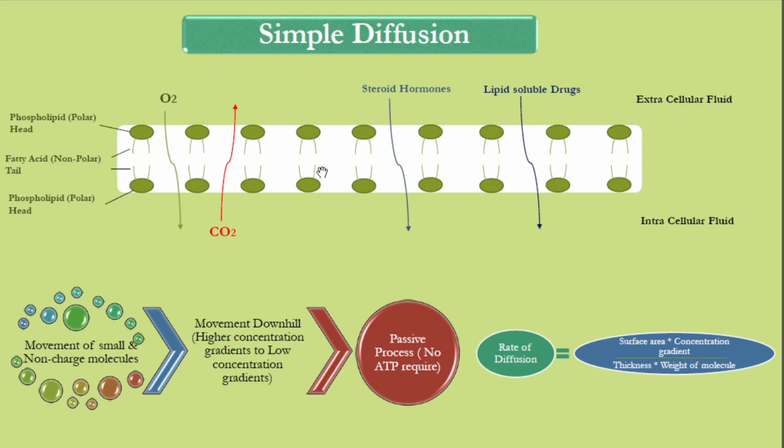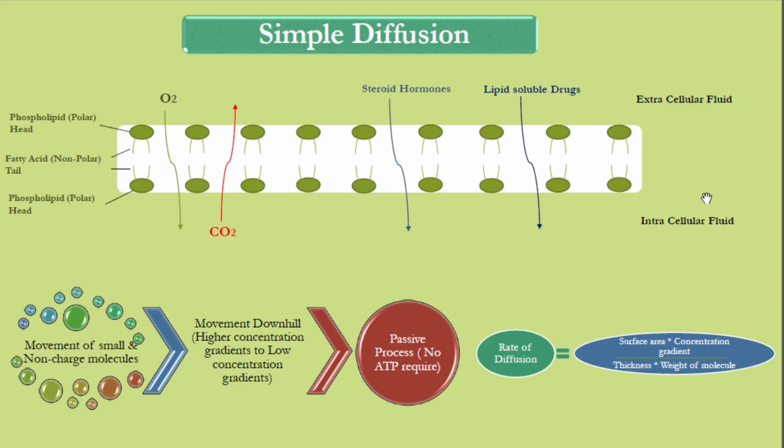Examples of molecules that get transported by this diffusion are respiratory gases like oxygen or carbon dioxide, certain hormones like steroid hormones, or drugs which are lipid soluble. They pass easily by this type of diffusion.